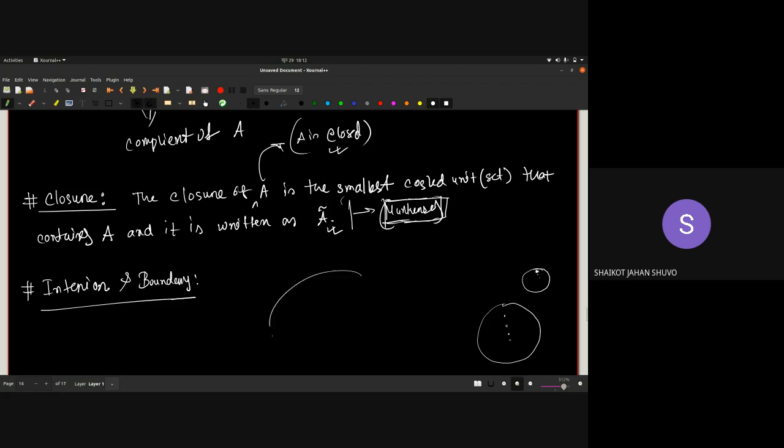Let's say this is the closed set, and you have some subset that includes all the limit points. So this guy is the closure. If you consider something smaller, it doesn't include all the limit points, right? Do you get my point, what I'm trying to say?